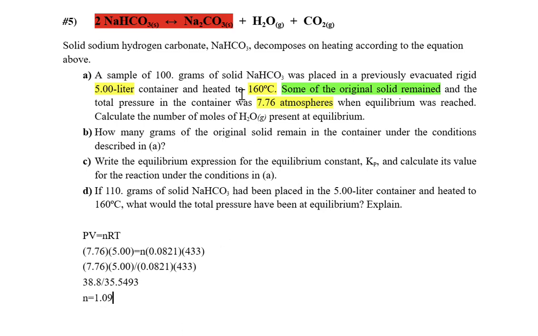Okay? Now, how do we know how much of this total amount is H2O and how much of it is CO2? Well, when we look at the balanced chemical equation, I hope we can recognize that there's a coefficient of 1 here and a coefficient of 1 here. So they are equal parts. They make up equal parts of 1.09.